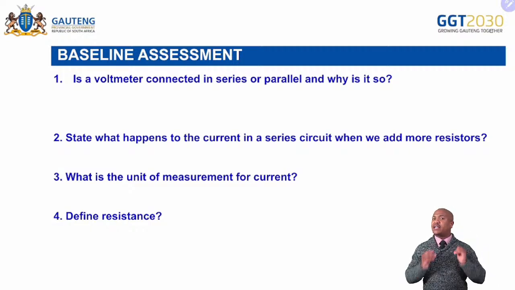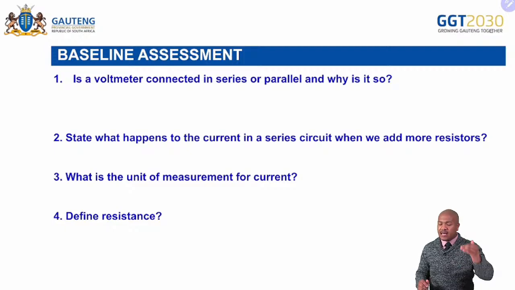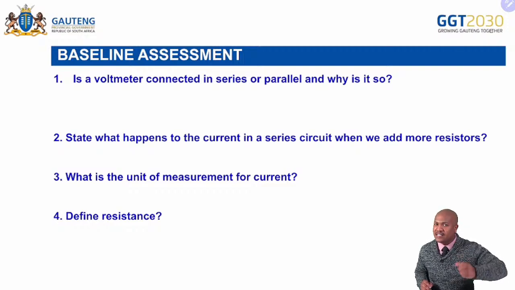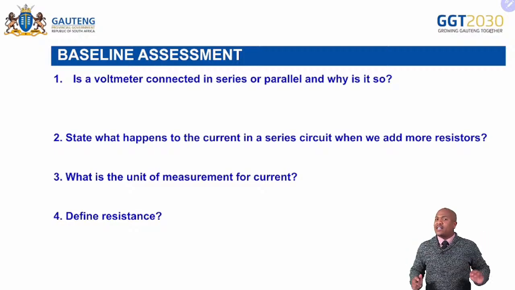You need to tell us that, right? What happens in a series circuit when you add more resistors? Number 3, what is the unit of measurement for current? Then number 4, define resistance. That's what you need to do for your baseline activity. 4 questions and 4 minutes. Let's meet again after 4 minutes.